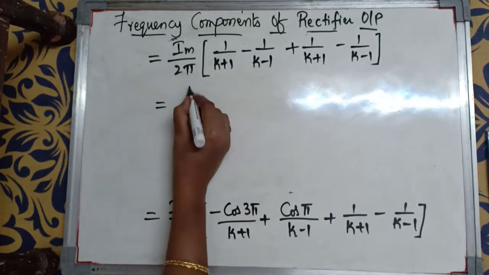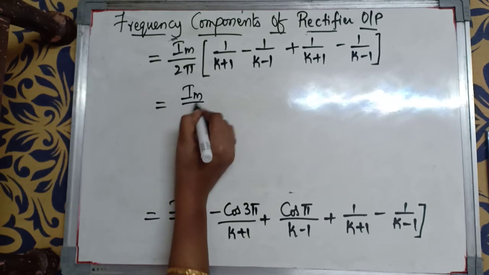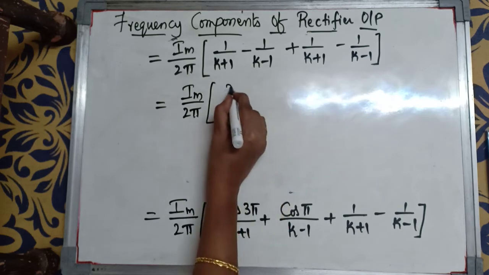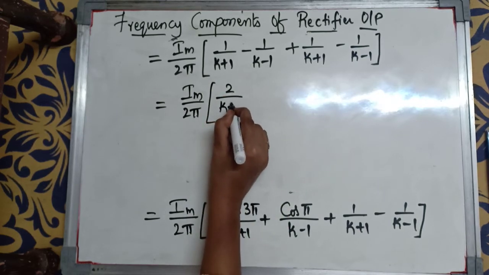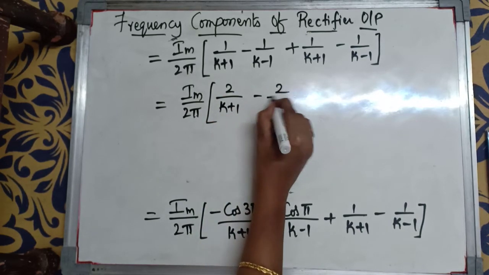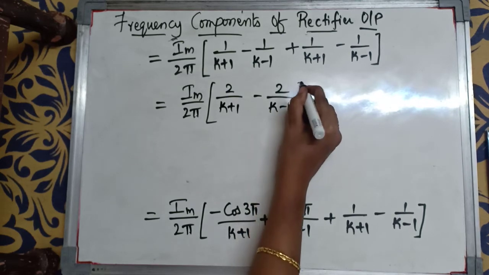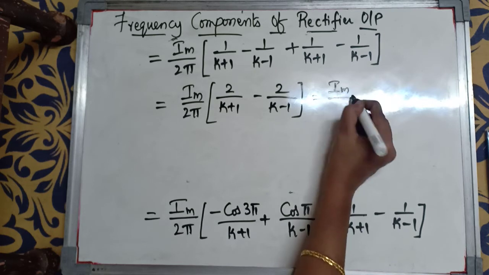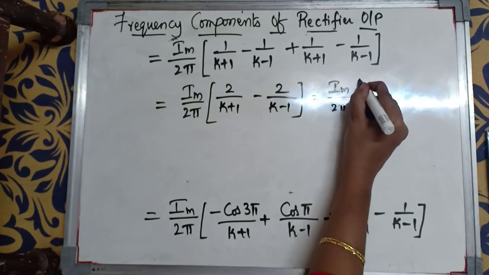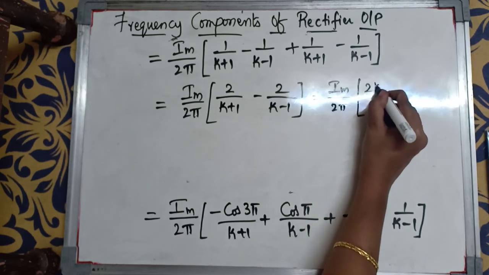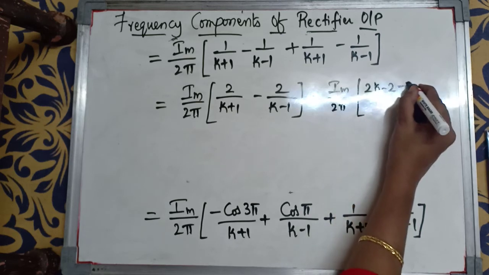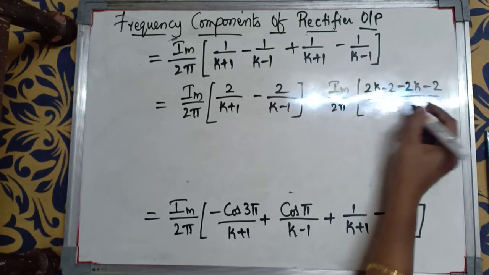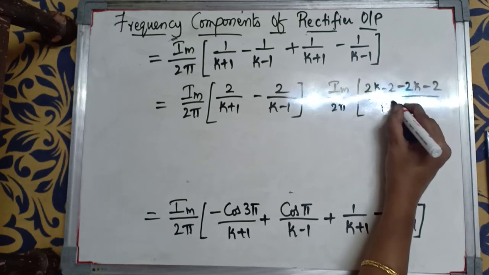We'll just simplify this. Im by 2 pi, these two will get added. We'll get 2 by k plus 1 minus 2 by k minus 1, which I can simplify as Im by 2 pi into 2k minus 2 minus 2k minus 2 by k square minus 1.